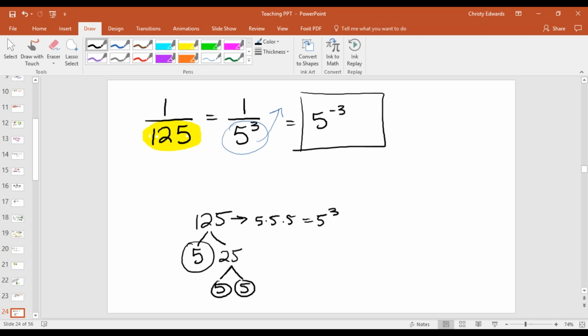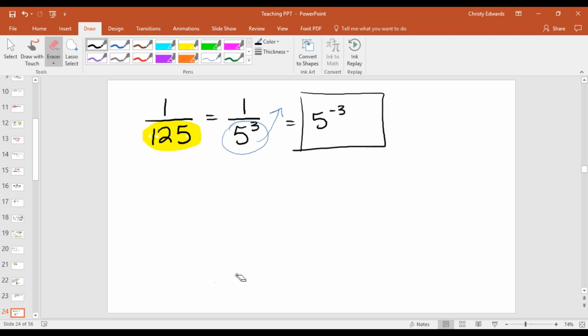What if they asked you to go the other direction? Imagine this. What if they said, here's 4 to the negative 2 power. Could you rewrite this all the way out to its fraction with positive powers? So where is 4 to the negative 2 right now in a fraction? Isn't he in a numerator? Good, Lexi.